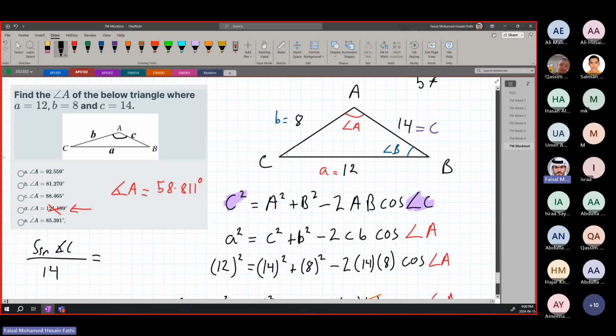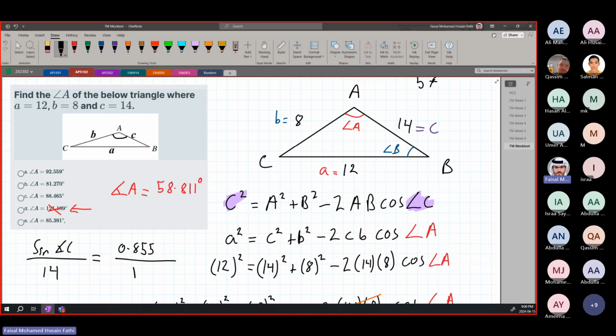So sine of angle A, what was our answer? This is our answer, sine of angle A is 0.88855, over A, which is 12.